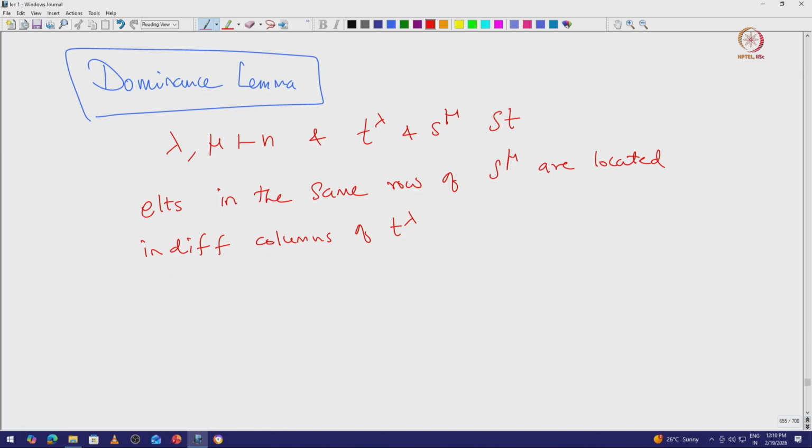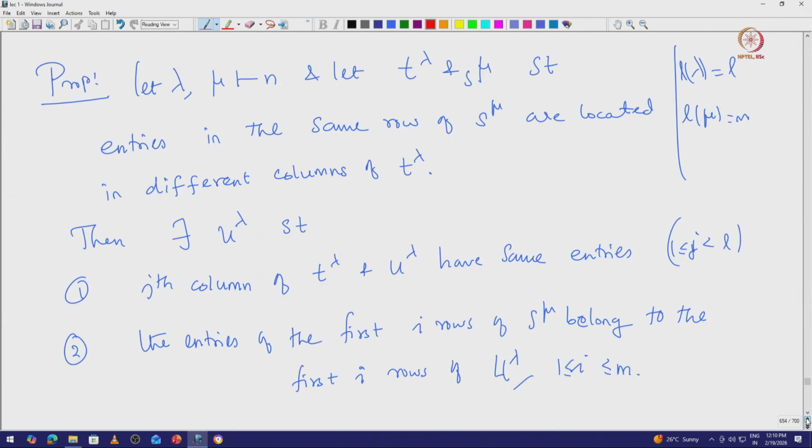If this is what there is, then we can conclude that lambda indeed dominates mu, and this follows immediately from the proposition, because we are able to get this U lambda satisfying these two properties.